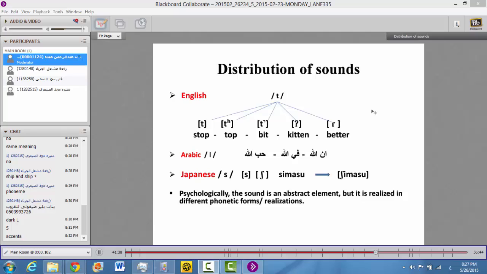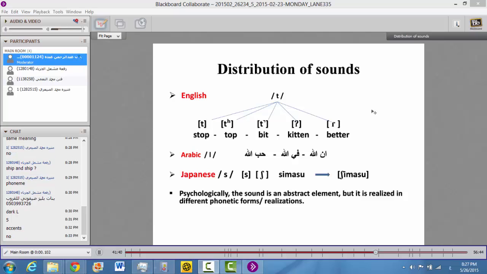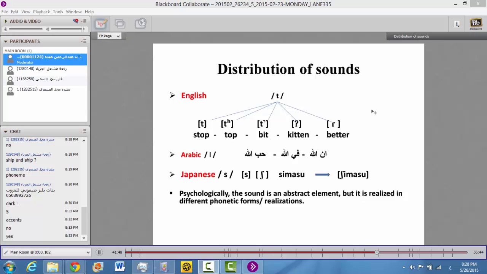Can we say it that way? It sounds awkward. Inna Allah automatically, spontaneously and naturally comes dark. Hubbullahi, fillahi, we don't say it dark. Do we? No. Why do we have here a soft la and a dark la?